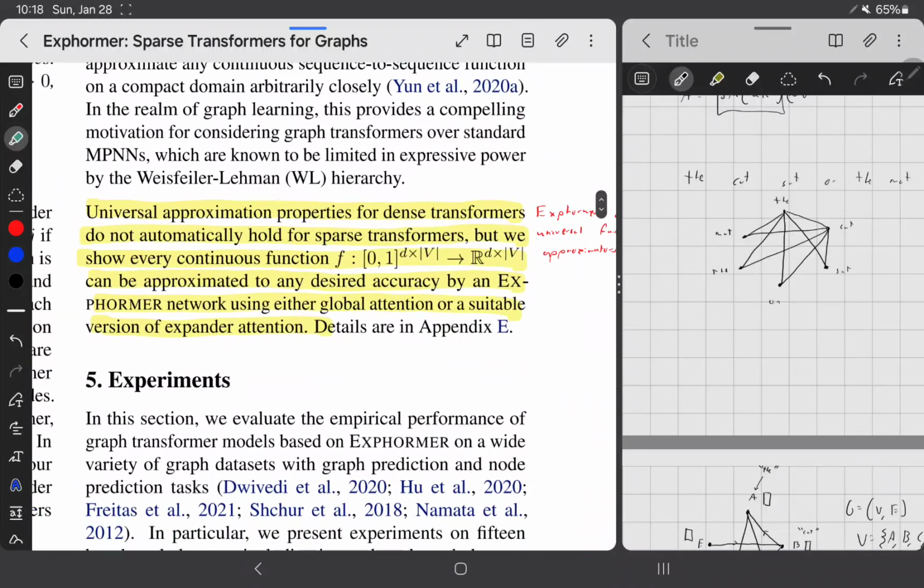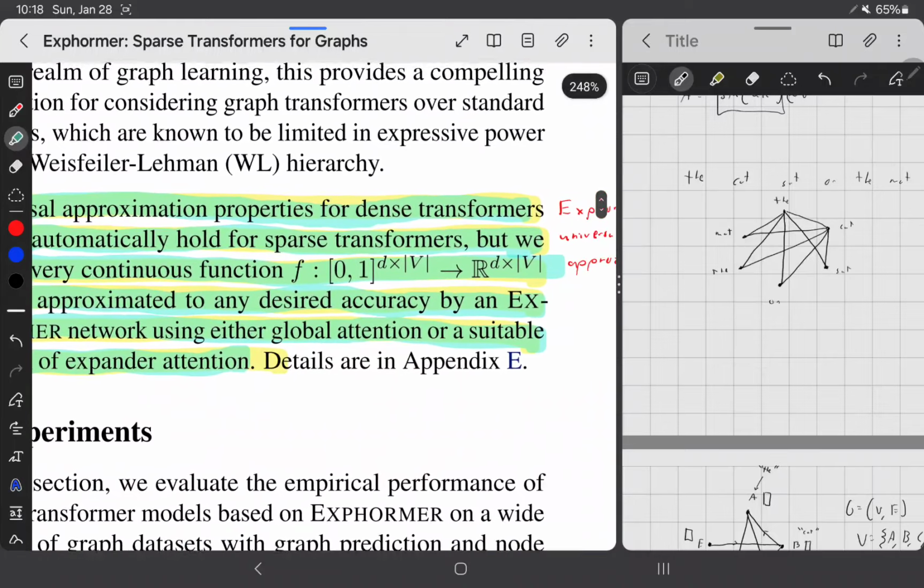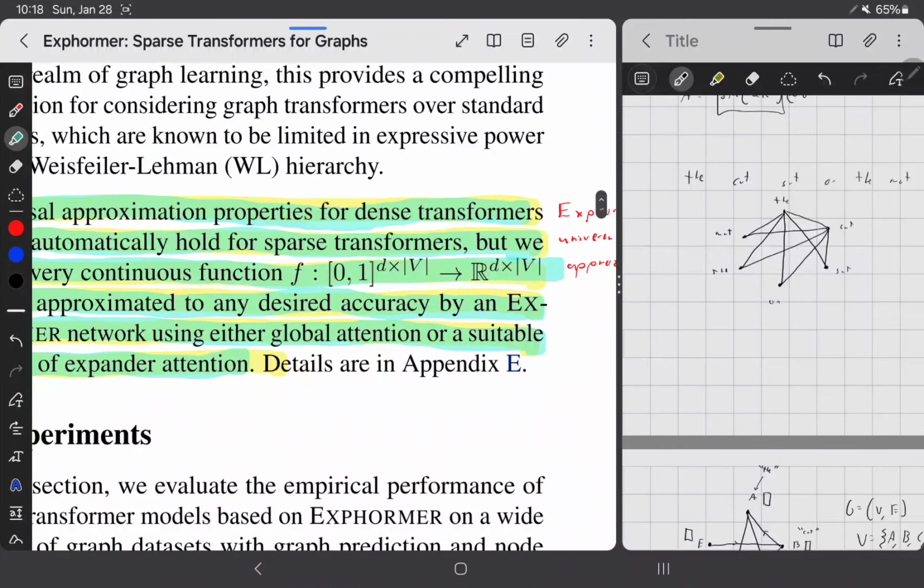And they do show in the appendix that universal approximation properties for dense transformers do not hold for sparse transformers, but they show every continuous function can be approximated to desired accuracy by Exphormer networks using either global attention or expander attention. So it can approximate any function of this type.